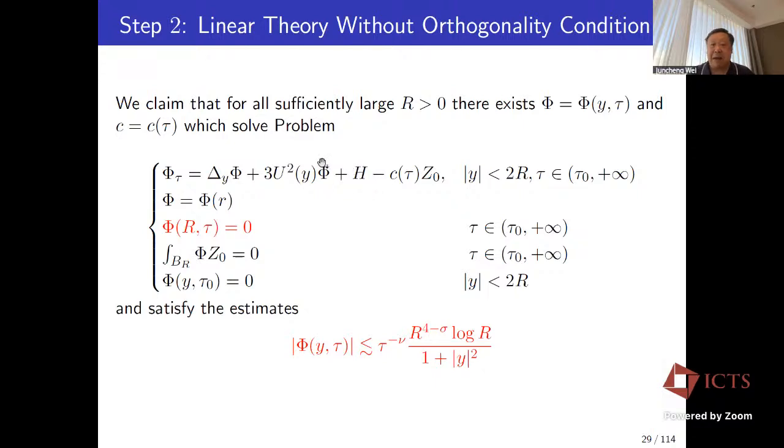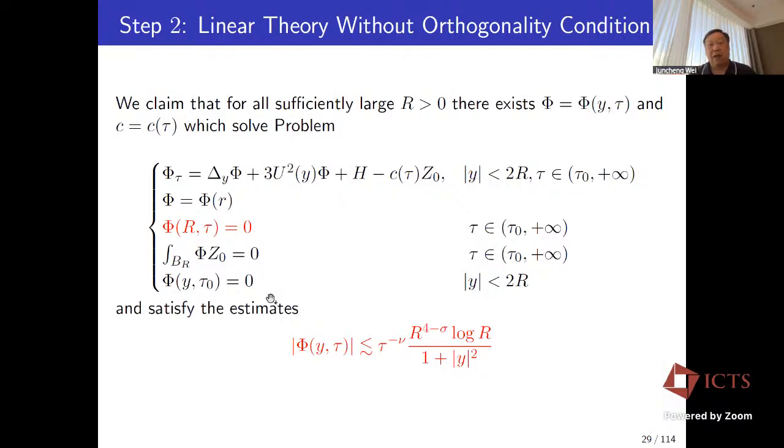And we don't expect phi to decay, because this H only decays like 1 over y to sigma. There should be many solutions to this, but because I put the differential boundary condition, the solution is unique now.